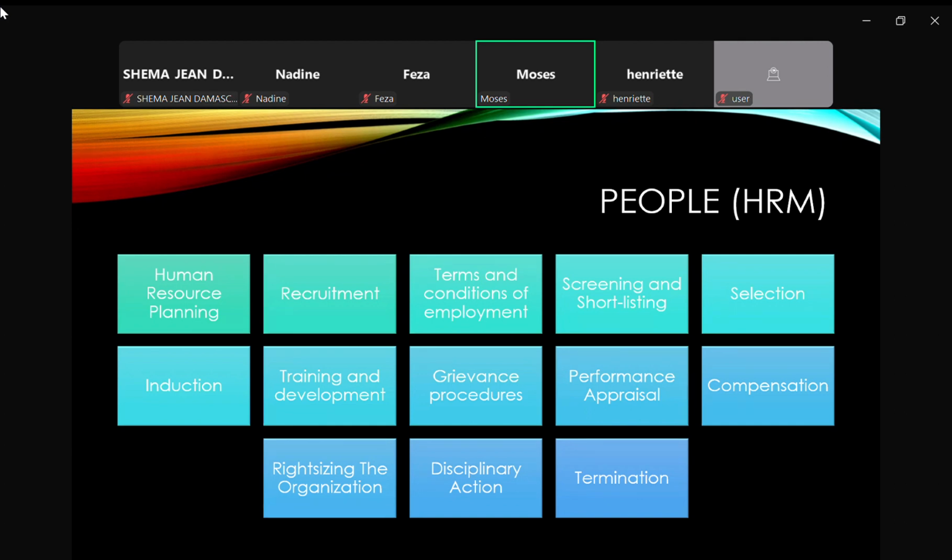And then compensation. Compensation is mainly about determining the right compensation for people.